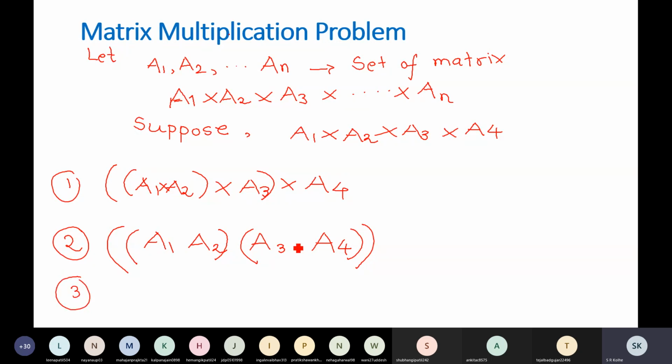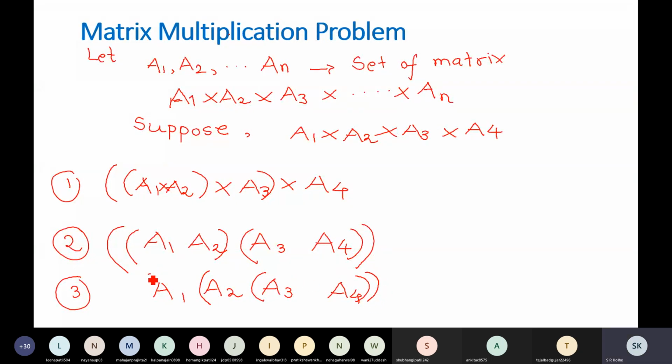Third way: anybody else, following the rules of matrix multiplication? Another way: first multiply A3 and A4, then multiply A2 with the result of A3 and A4.